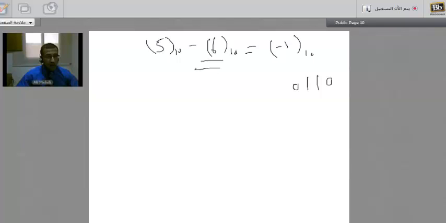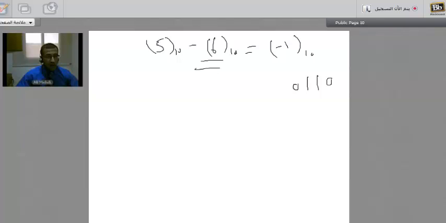Try to convert this number to its complement. See what you get. What do you get by converting number 6 to its complement? Yeah, some of you are right, some of you are not quite right.